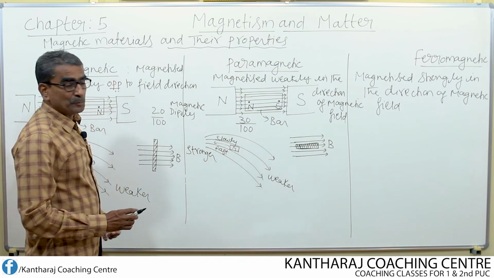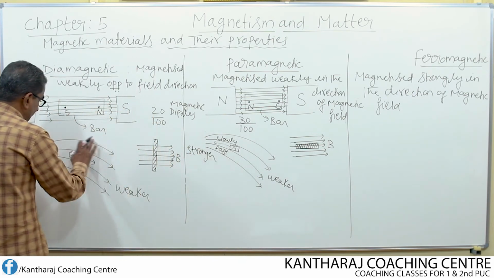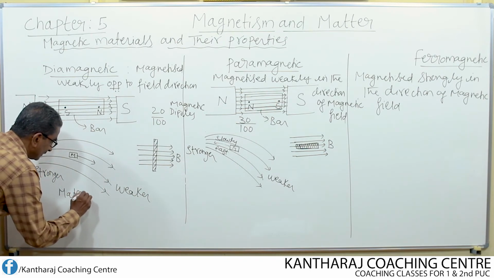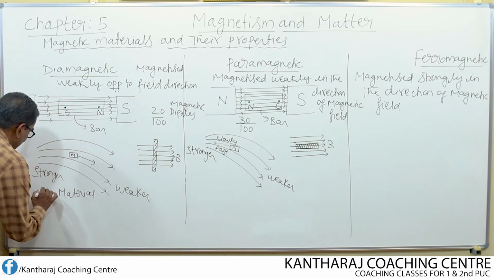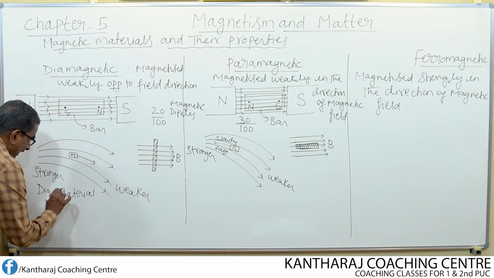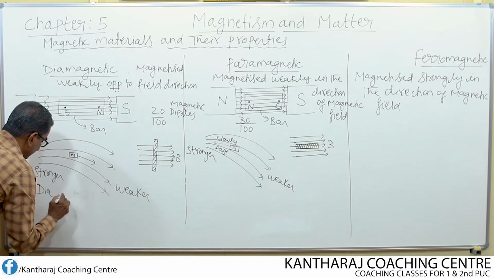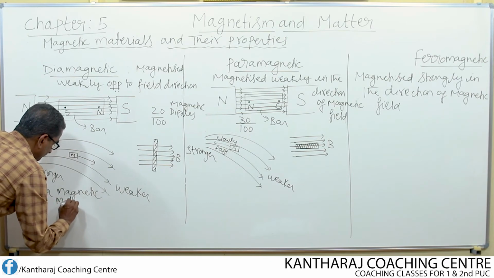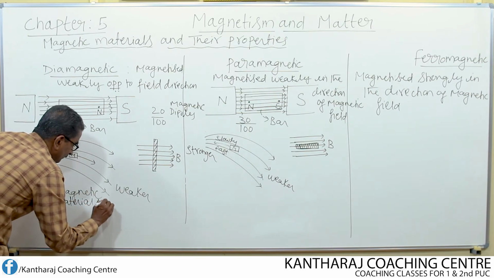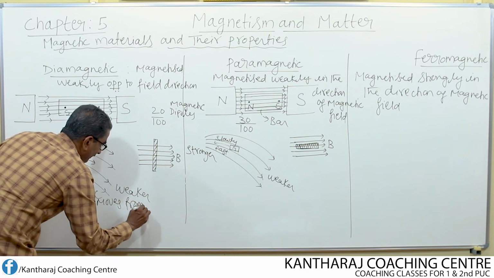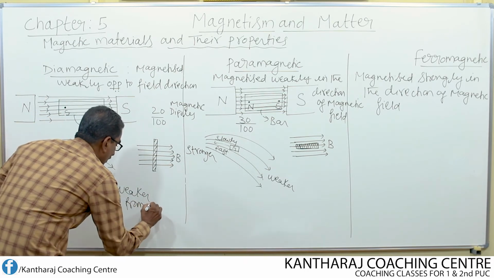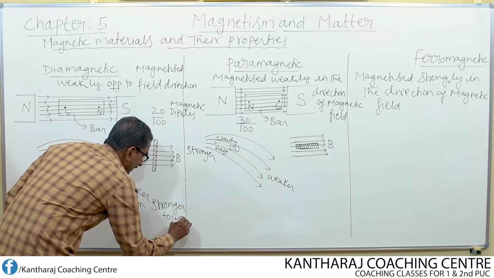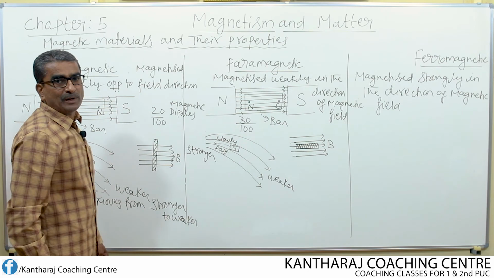Let us come to its properties. So I can write with respect to this: diamagnetic material moves from stronger to weaker when kept in a non-uniform magnetic field.